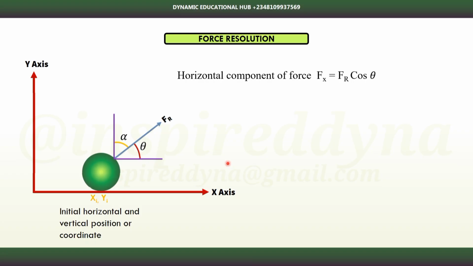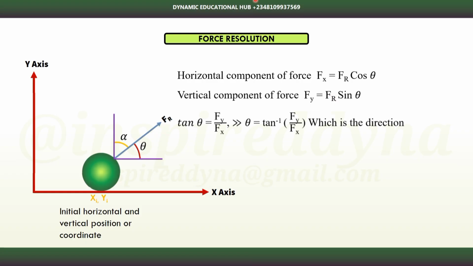Now using it, the horizontal component of this force acting will be what? Fx, which is Fr cos theta. And the vertical component of this force, Fy, will be what? Fr sin theta.